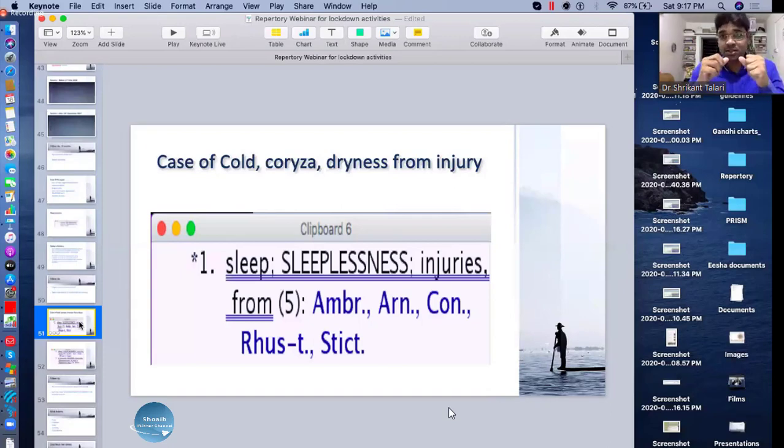So this patient came to me and said, Doctor, I have a lot of coryza. I constantly feel that something is going to flow from my nose, and I keep doing like this. But actually my nose is very dry, and I have had this coryza for the last 6 months. I feel I have a cold, but actually my nose is dry. I feel blocked. And I tell you, doctor, all this happened, you know how?